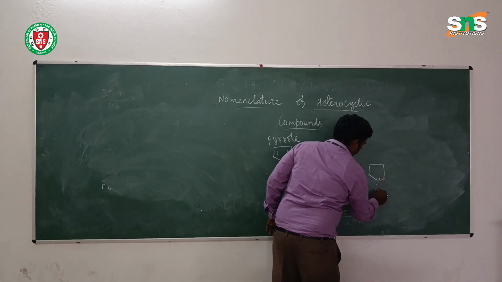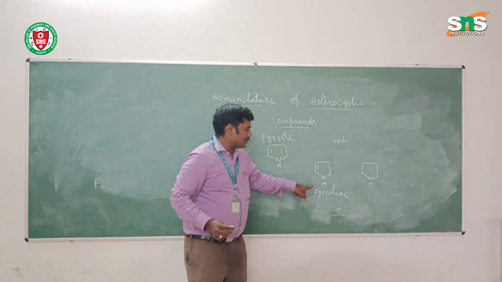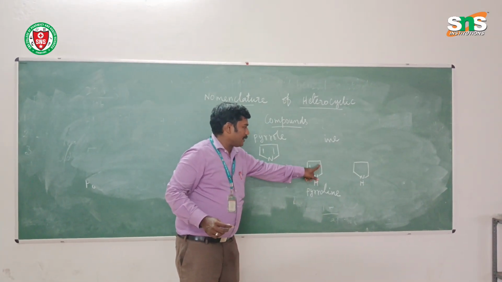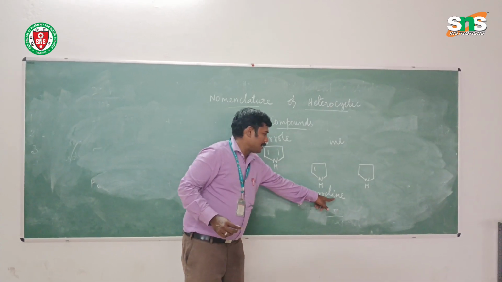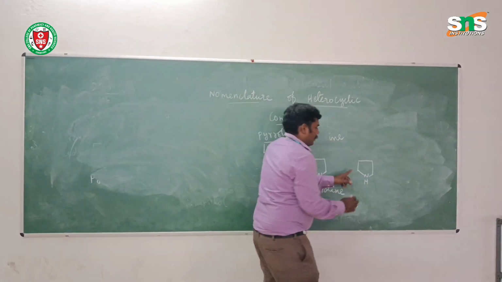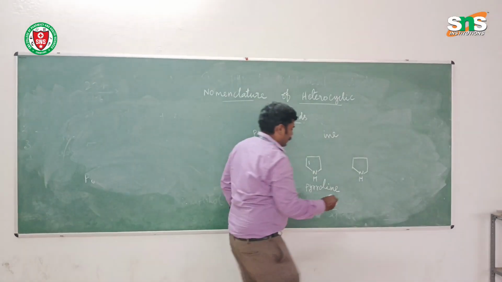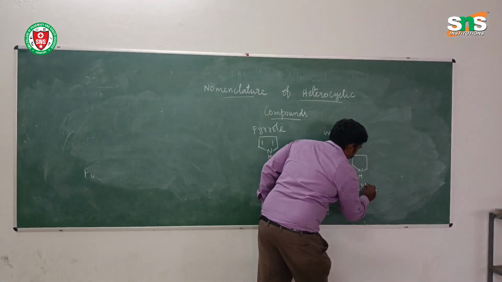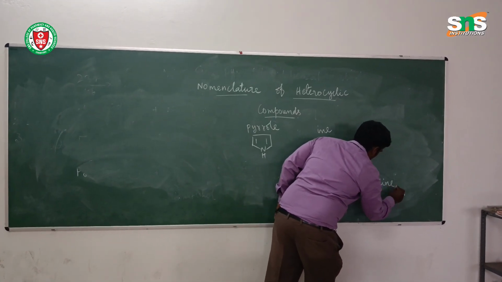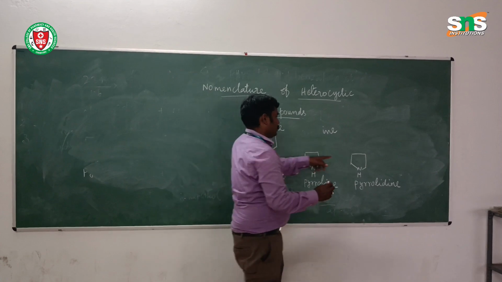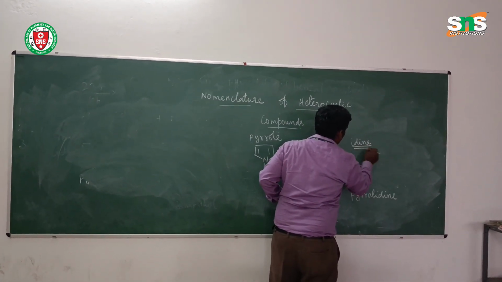So this is the structure of pyrroline. Here one bond is saturated, so it is called pyrroline. And here both double bonds are saturated, so it is called pyrrolidine.